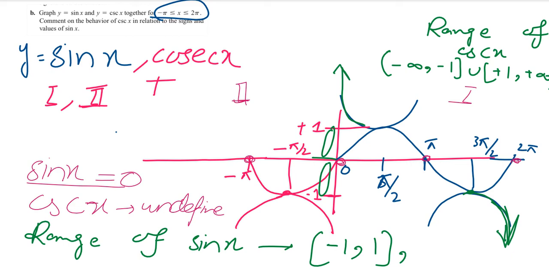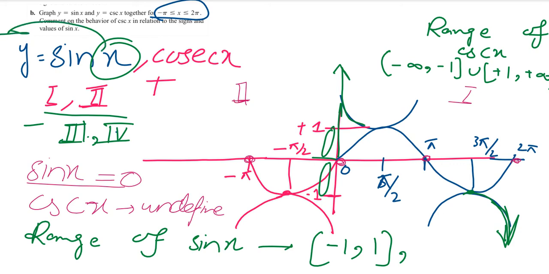So you have checked that we will get positive values in the first and second quadrant, and we will get the negative values in the third and the fourth quadrant, because whenever we put the positive and the negative values inside x, we will get the negative values of y.